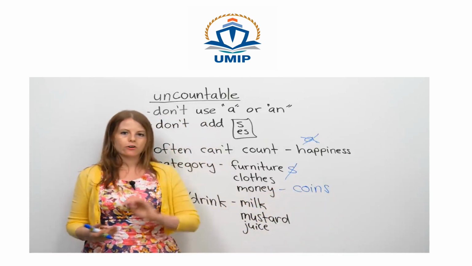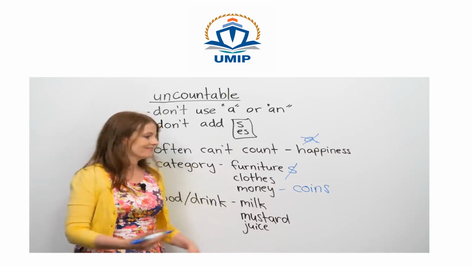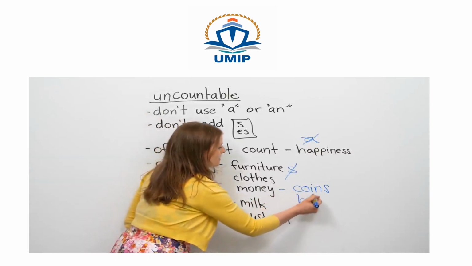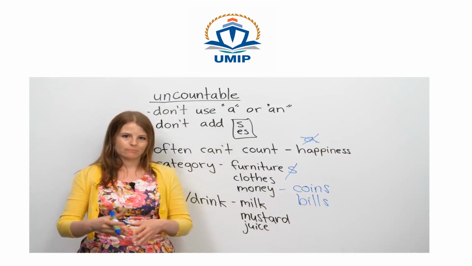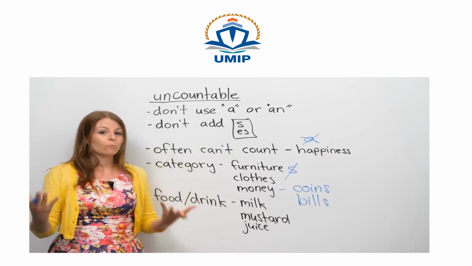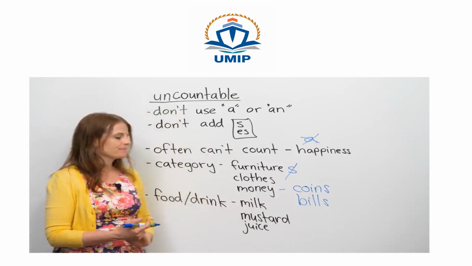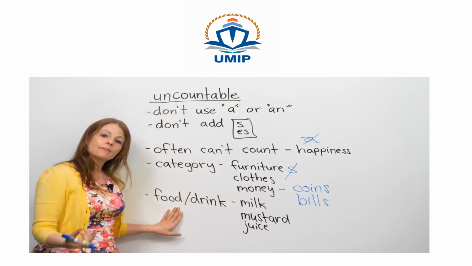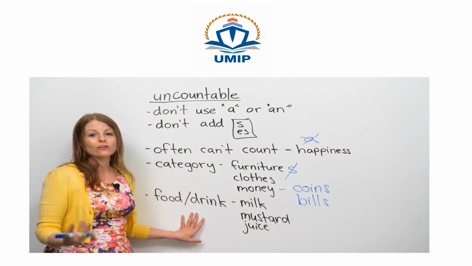I have 5 coins. I have 7 bills. So within the category, you can count, but the category itself, we cannot put an s on that because it is an uncountable noun.